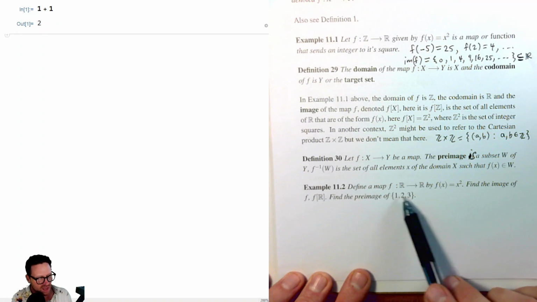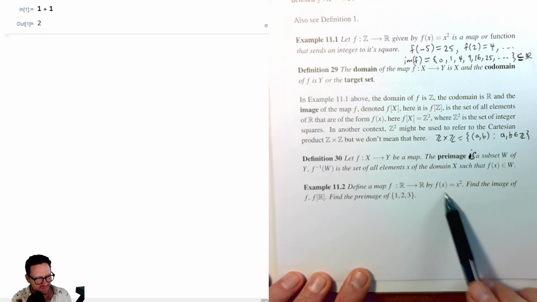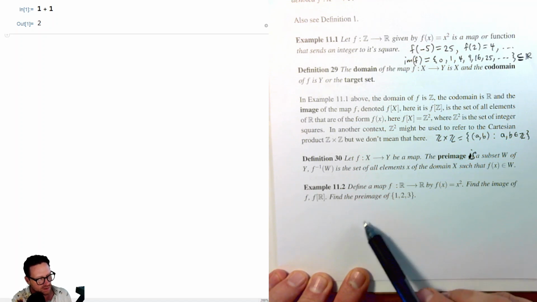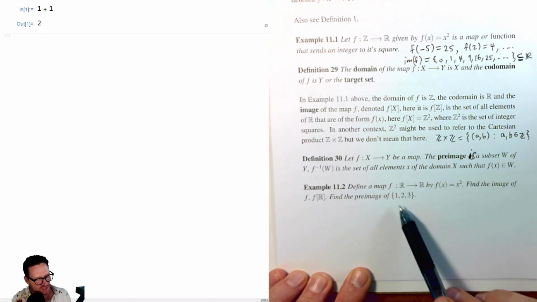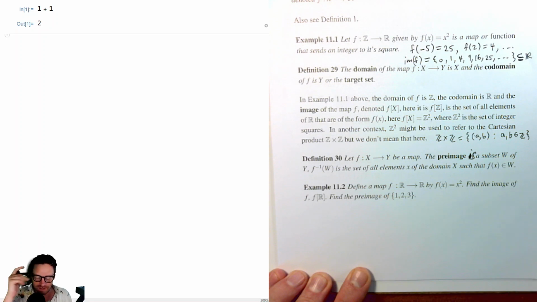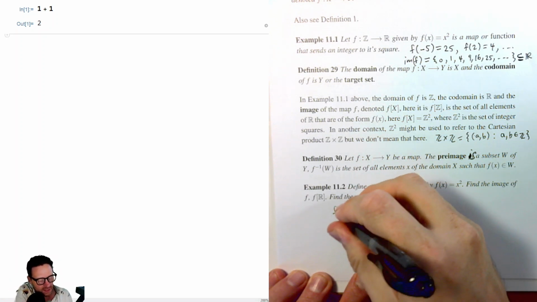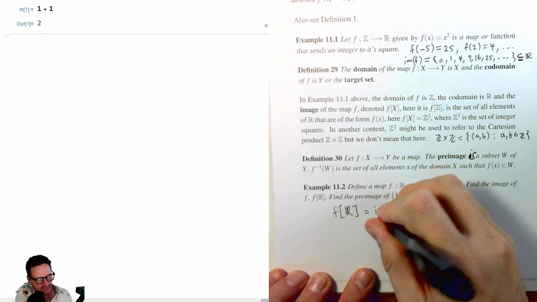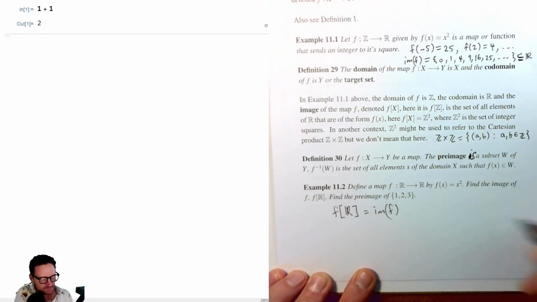Define a map f sending real numbers to real numbers by f of x is x squared. Find the image of f of R, and find the preimage of {1, 2, 3}. Okay, so f of R, this is the image of f.